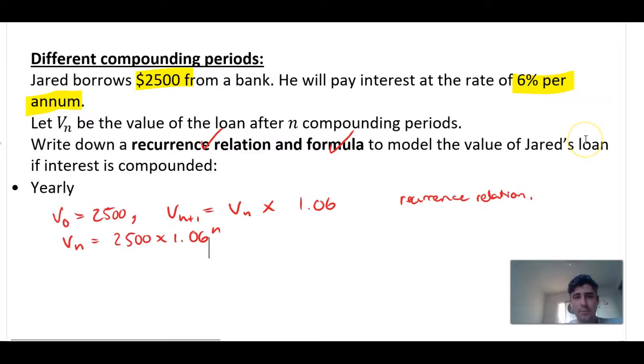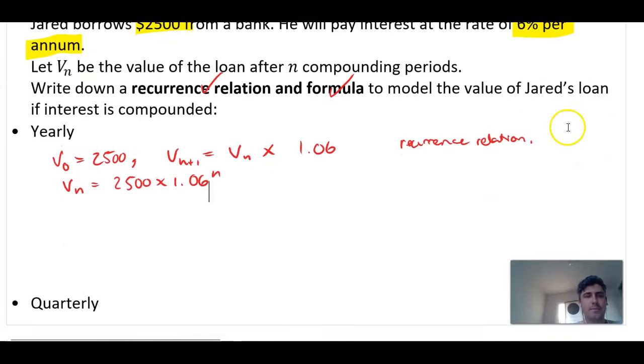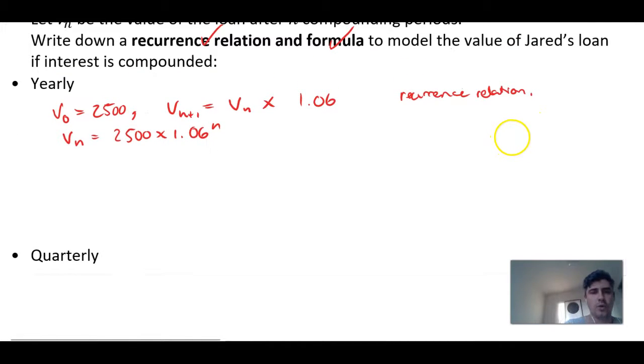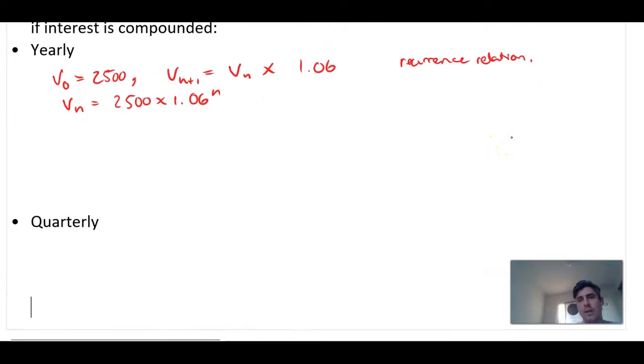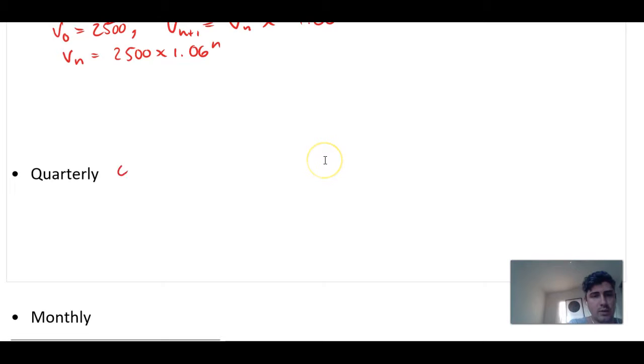We're being asked later on about the value of Jared's loan after 1 year, but I'm going to come back to that part. If it's quarterly, what that means is the loan has been broken up so that it's calculated every 3 months, or 4 times per year.